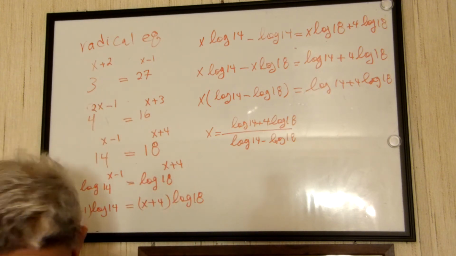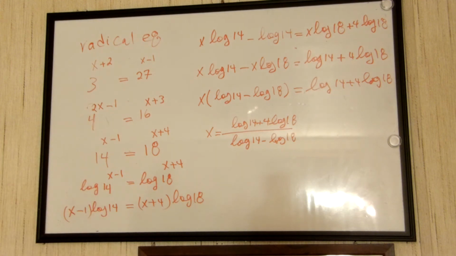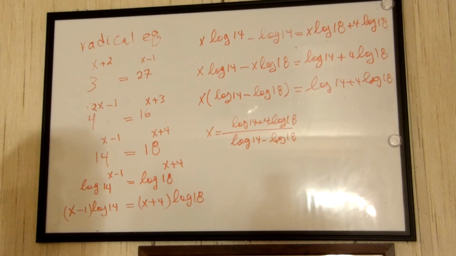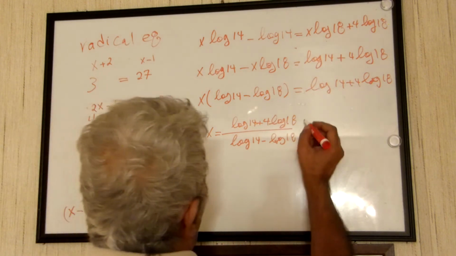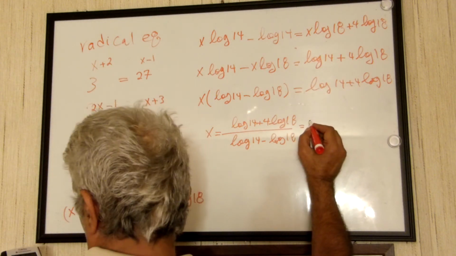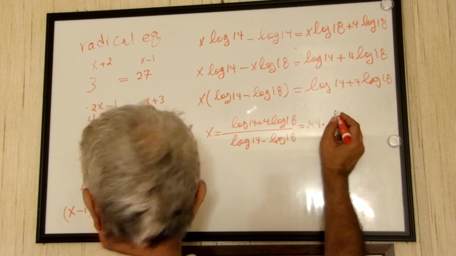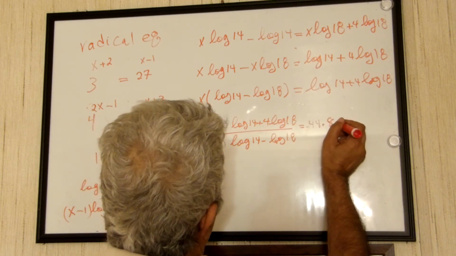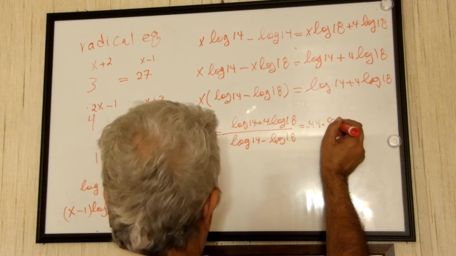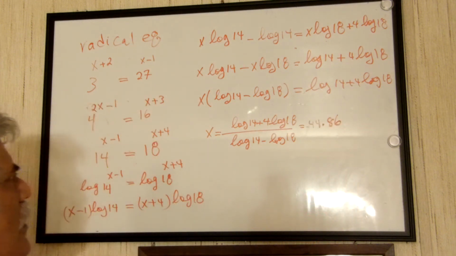So we find the value of this one, minus 44.80. We rounded to 2 decimal places.